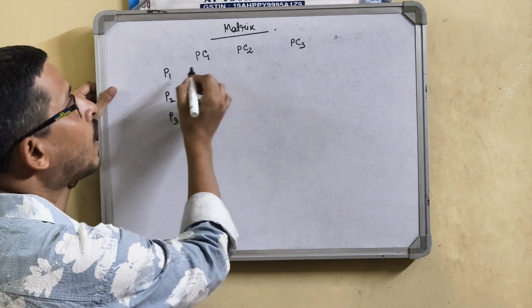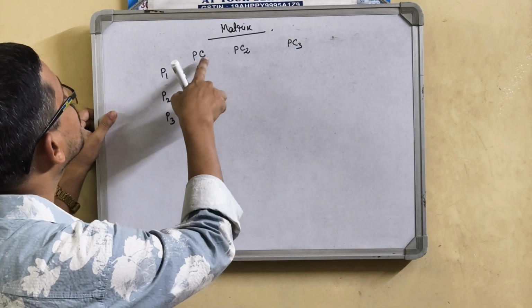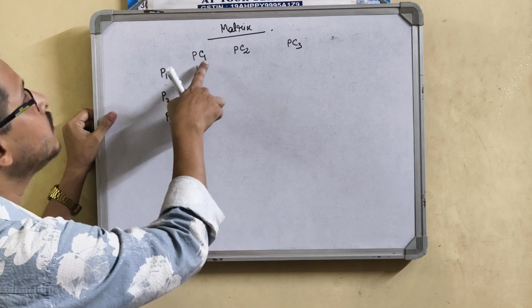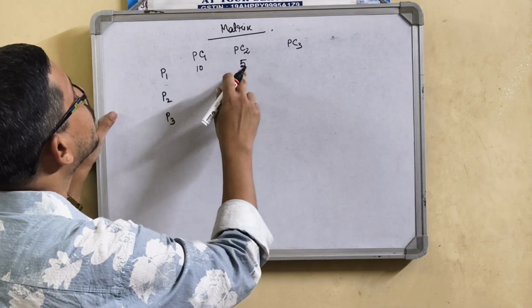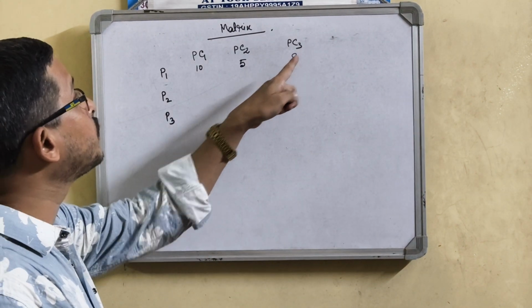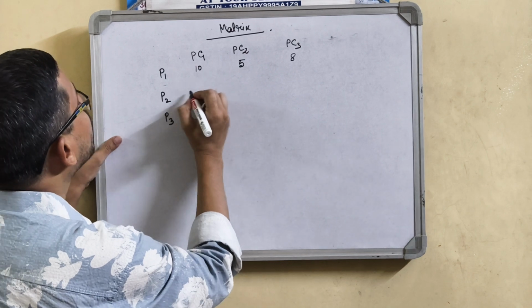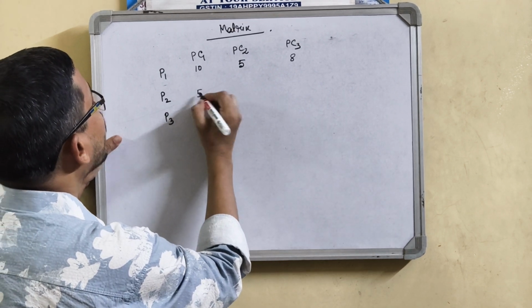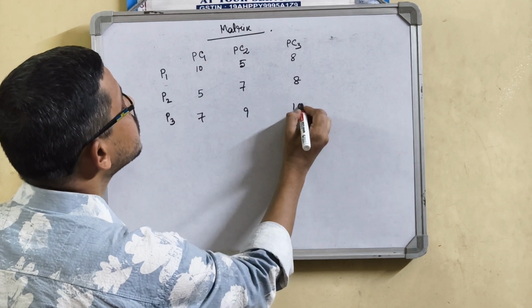Consider that person 1 takes a remuneration of, say, 10,000 to perform their service on PC1, 5,000 on PC2, and 8,000 on PC3. Similarly for person 2, PC1 it is 5, it is 7, it is 8. Say this is 7, this is 9 and this is 10.